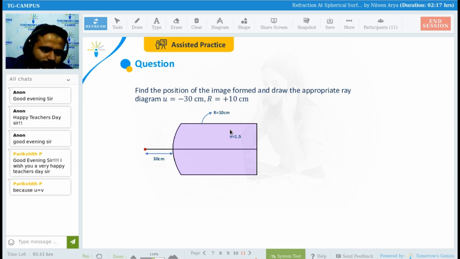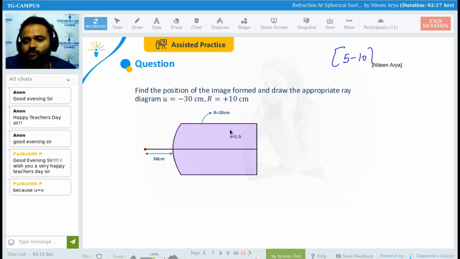Calculate this, and then after that we can take a break. Or you can do one thing: calculate in between the break. I need a break also. Okay, so there is a 5 to 10 minutes break.